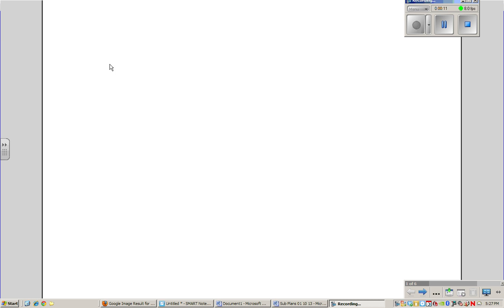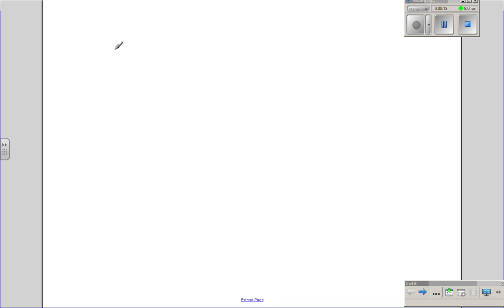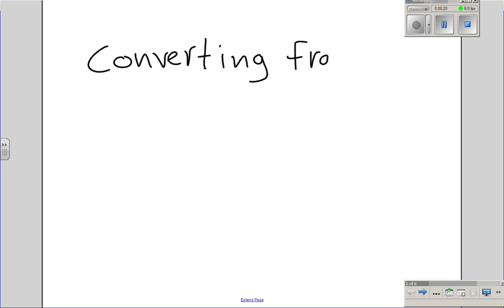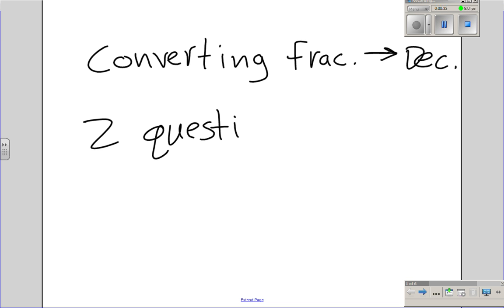We are going to keep working on what we were working on yesterday, which is converting fractions to decimals. Yesterday I tried to give you a strategy for doing that that made you answer two questions before you do the problem.